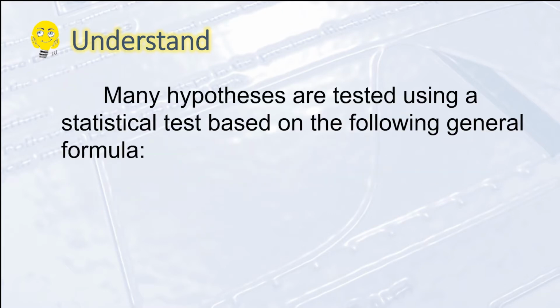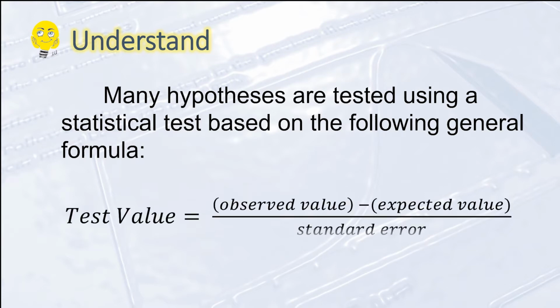Many hypotheses are tested using a statistical test based on the following general formula. Test value is equal to the observed value minus the expected value all over the standard error. The observed value is the statistic, such as the mean, that is computed from the sample data.